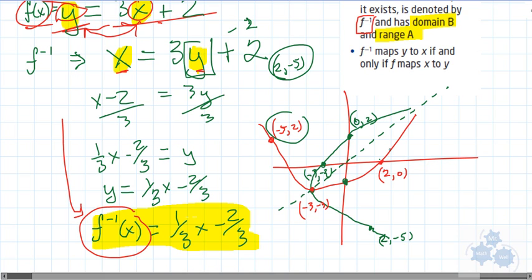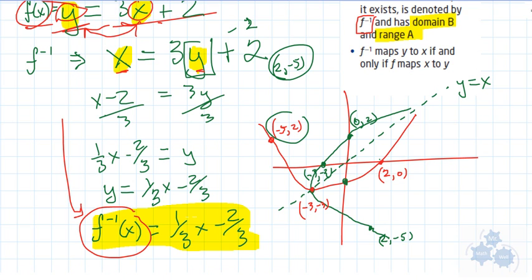All the points, when you reverse the order, create a graph that is actually a reflection in the line y equals x. So the inverse of a function is the graph that creates the reflection in the y equals x line.